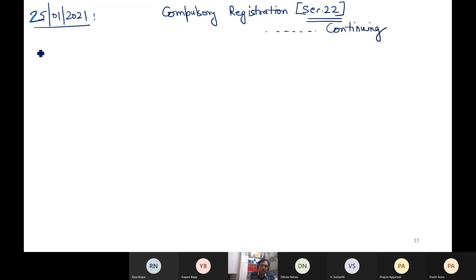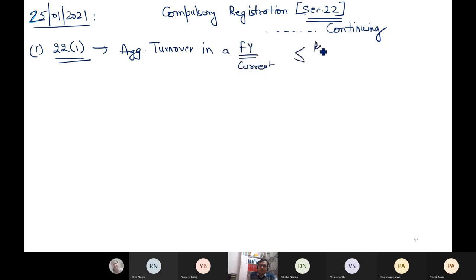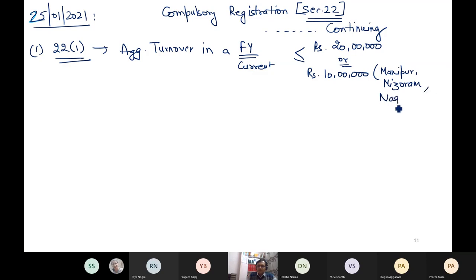So what we have discussed earlier, section 22(1), where who are compulsorily liable, the person whose aggregate turnover in a financial year, current financial year, exceeds 20 lakh rupees, or 10 lakh in Manipur, Mizoram, Nagaland and Tripura.